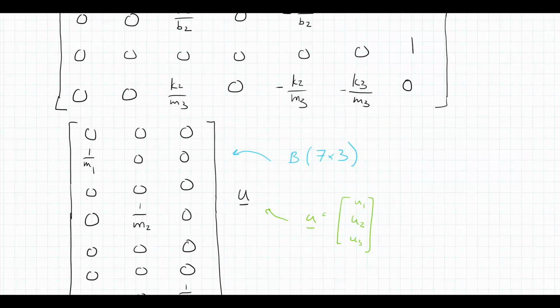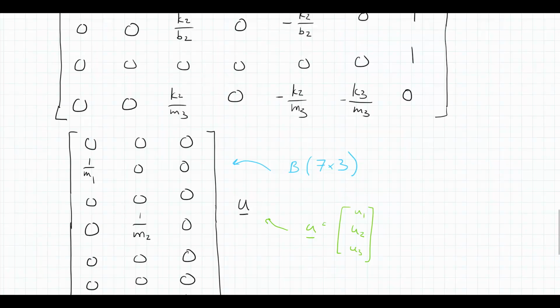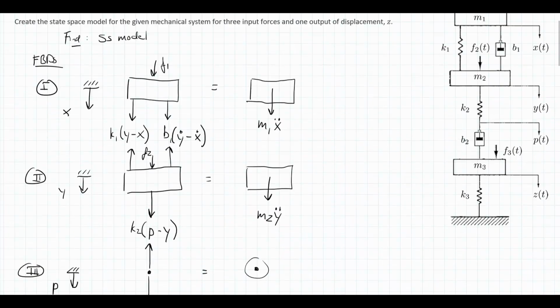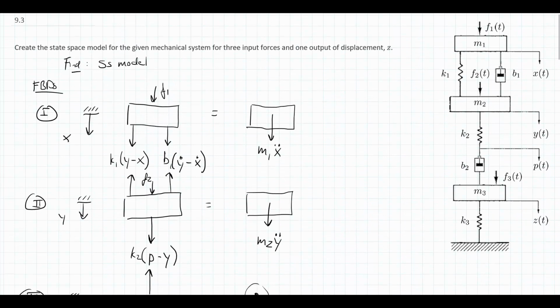All right, so we have those big matrices done. We still need our observation matrix or our output matrix y. Let's go all the way back and see what we are trying to find here. Our one output that we wanted to track here was the displacement z.